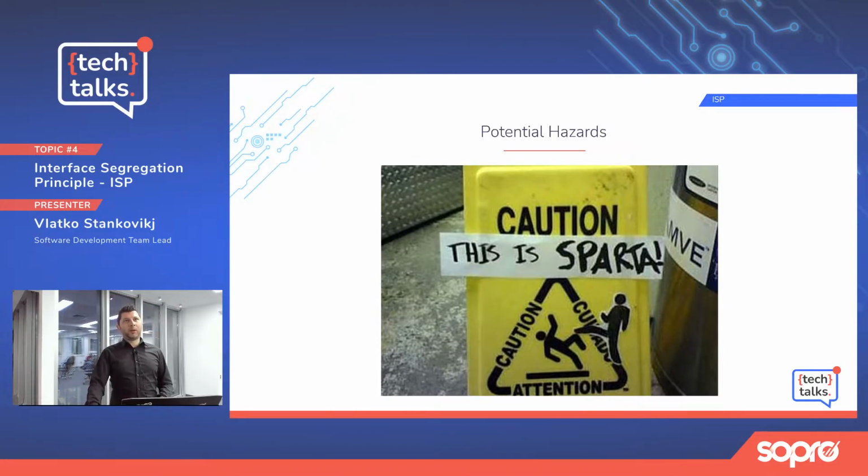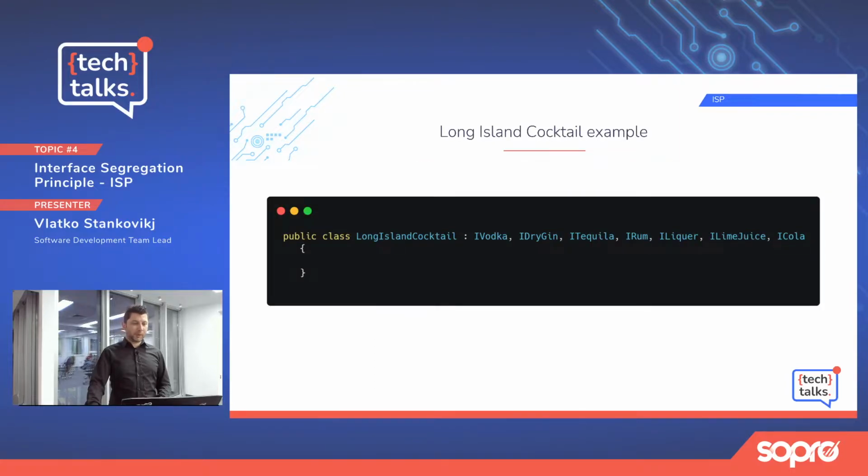If we put that in cocktail mode, a typical Long Island cocktail has vodka, gin, tequila, rum, liquor, lime juice, cola, and many more ingredients. So basically every example on the internet ends with this example, that this is how you inherit multiple interfaces. This is what the interface segregation principle is, but you are not solving this chaos.